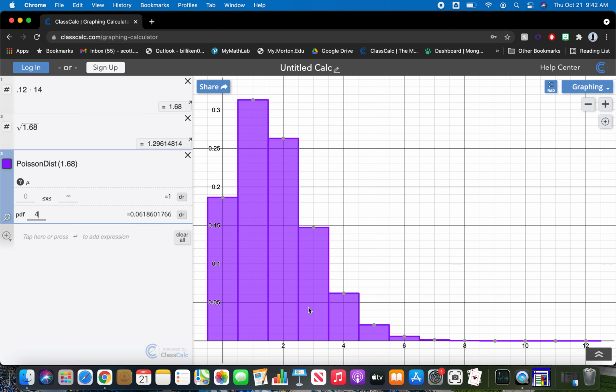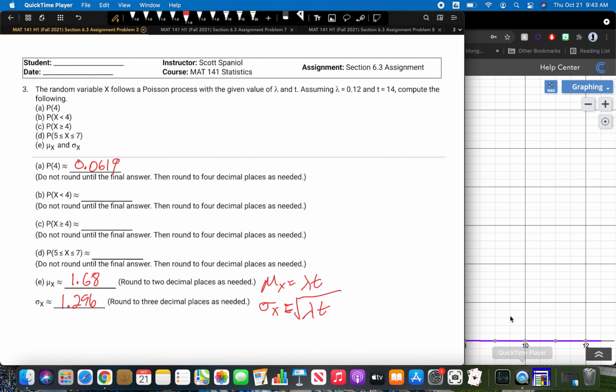So that would be less than or equal to 3. We've talked about this, I think, in both videos now, for Poisson and for binomial: when you're talking about a discrete probability distribution, the probability that x is less than 4 is actually equal to the probability that x is less than or equal to 3. So that's what we're actually going to put in the calculator here.